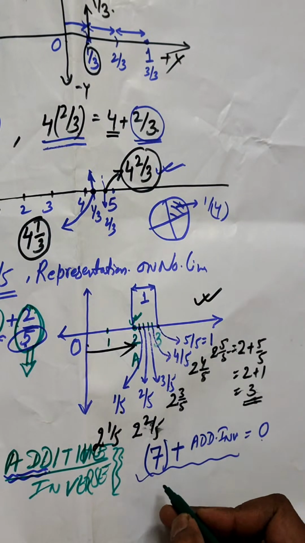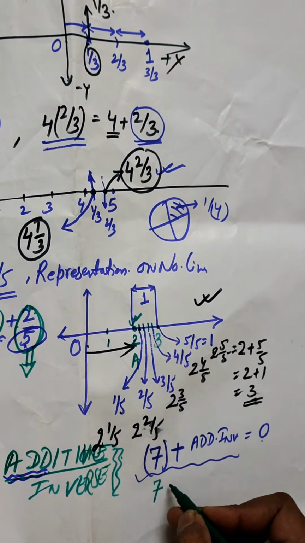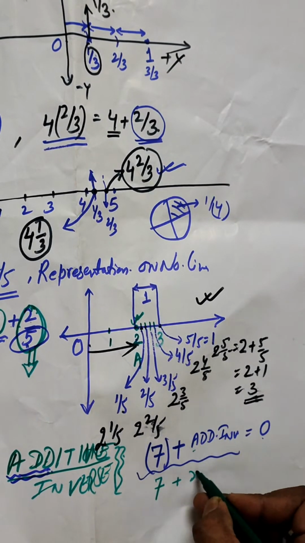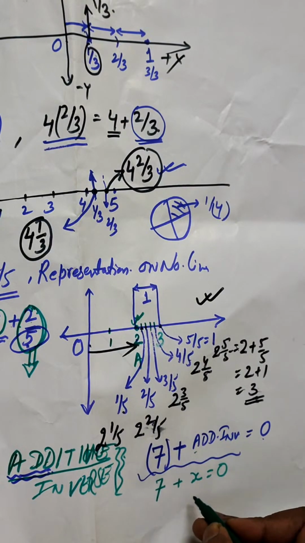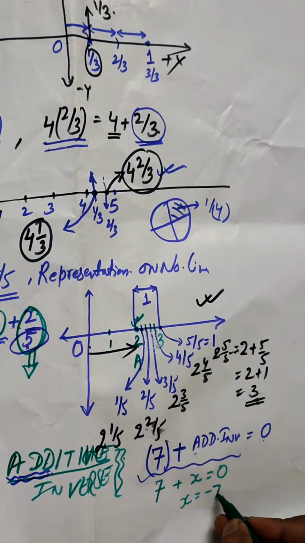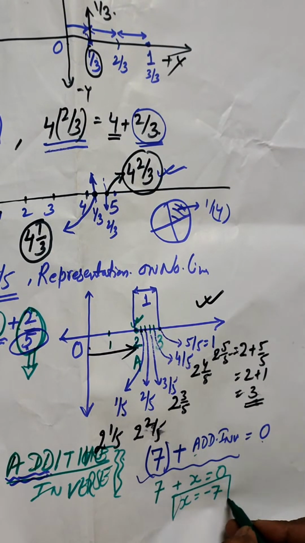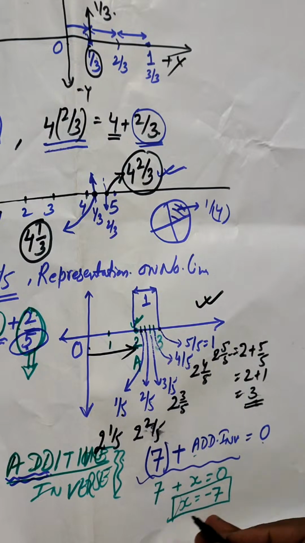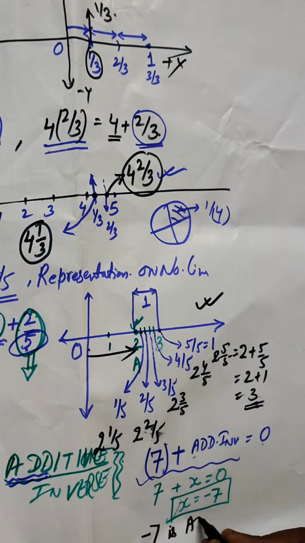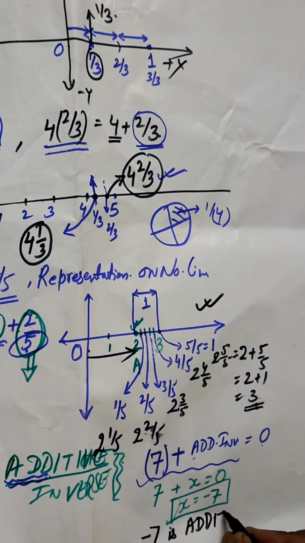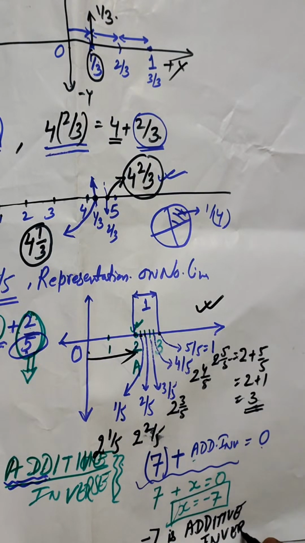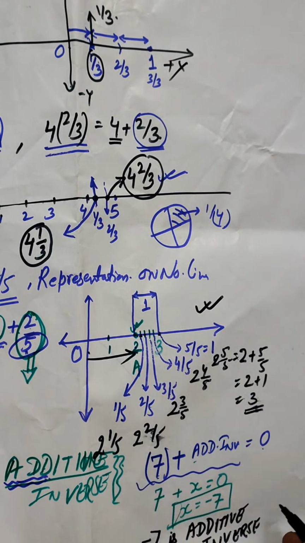So here, if the number is 7, then to find the additive inverse, let us assume it as x. 7 plus x should be equal to 0. So the value of x, when 7 goes to the RHS, is equal to minus 7. So x equals minus 7, that means minus 7 is the additive inverse of our number, that is 7.